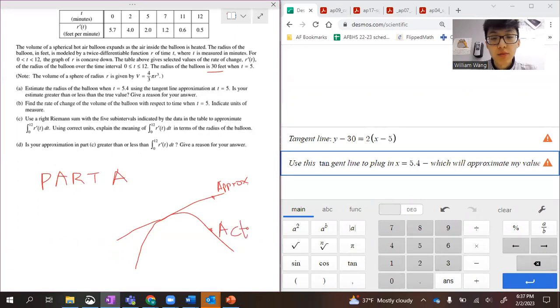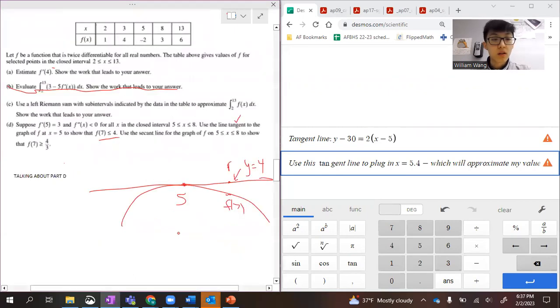If it was concave up, it would be the complete opposite. All right, hopefully that makes sense. Sort of confusing, but think about a tangent line, how it relates to concavity.